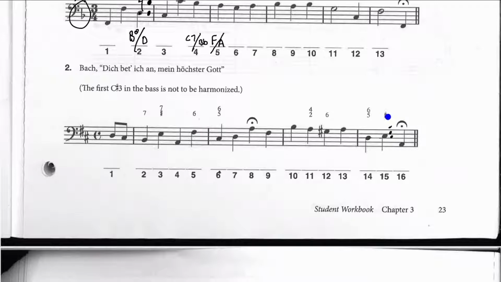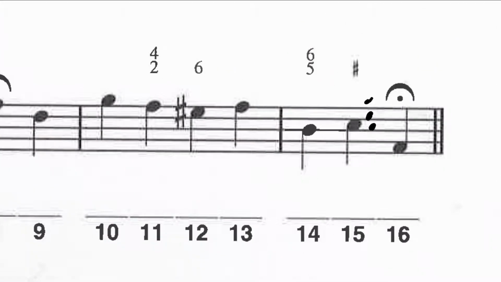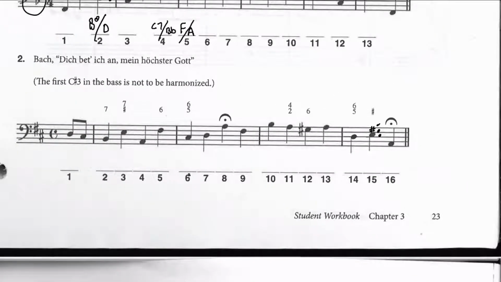Any accidental by itself with no numbers attached to it means raise the note that is a third above the bass. So E, G, B becomes E, G sharp, B. So that chord is an E major chord.